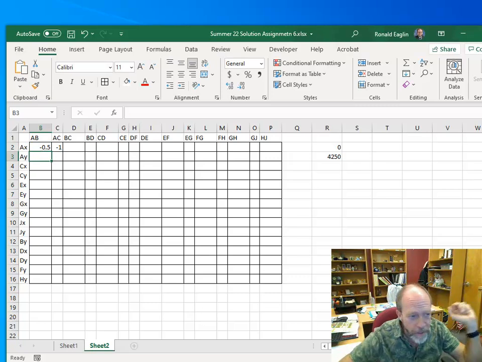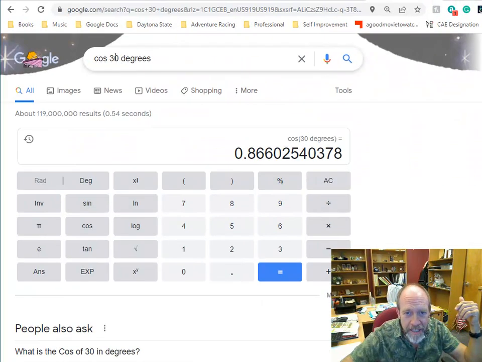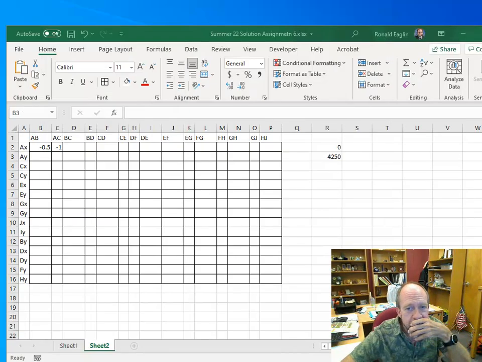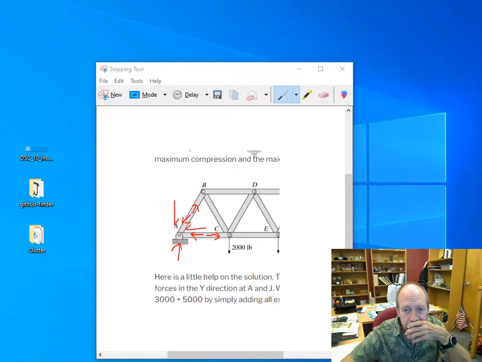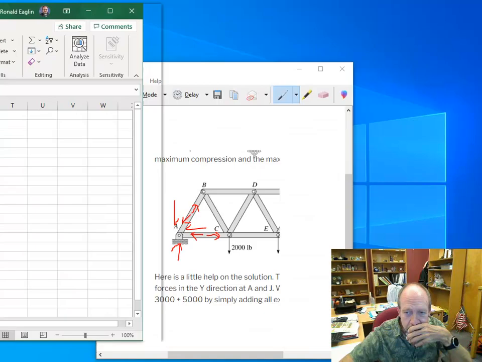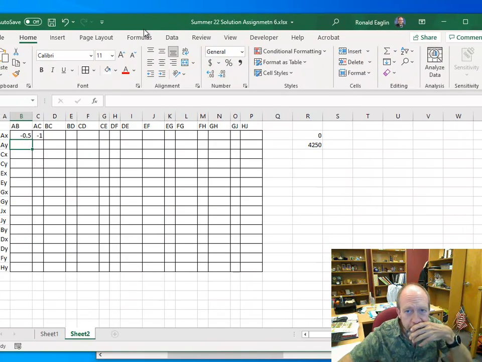Boom. You can check that by googling cosine 60 degrees, and it's going to tell you it's 0.5. So that's 0.5 in the negative direction, and I put it under AB, because it was the component of AB in the X, -0.5.